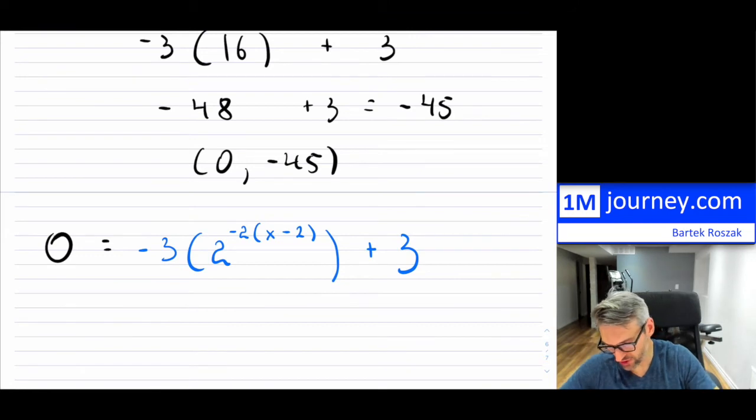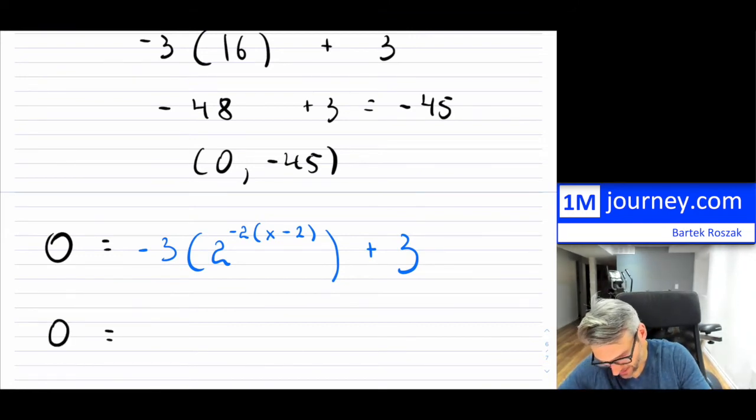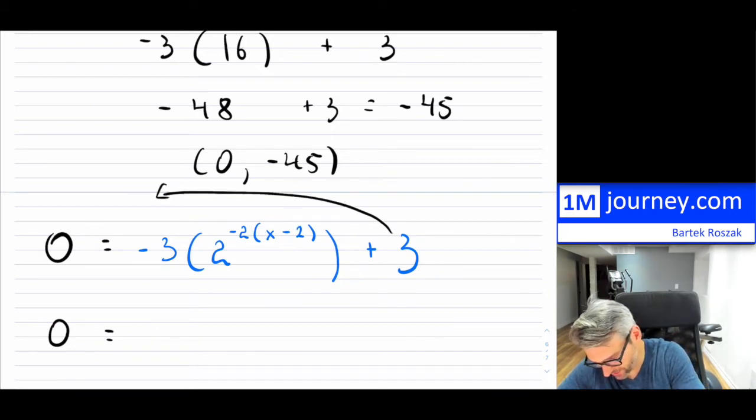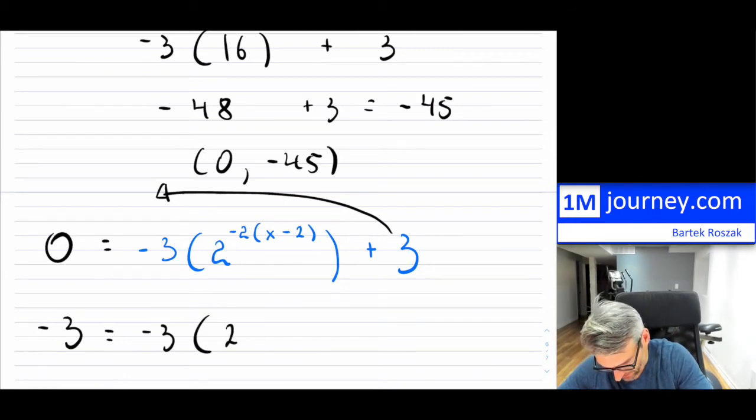Now we're supposed to solve for x. Let's see if we can do that. I'm going to bring this over to the other side, manipulating this equation by what we have learned in the past. Let me not skip too many steps here.